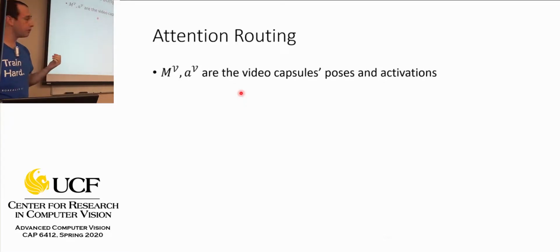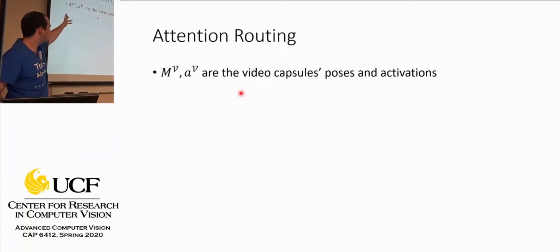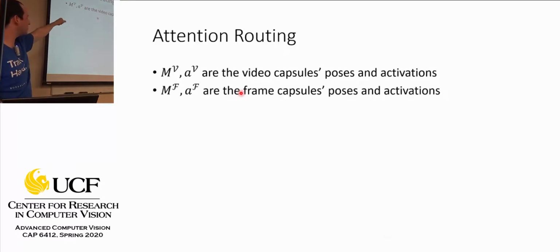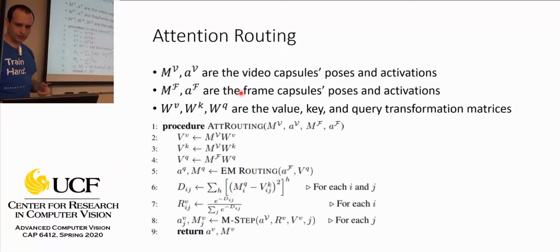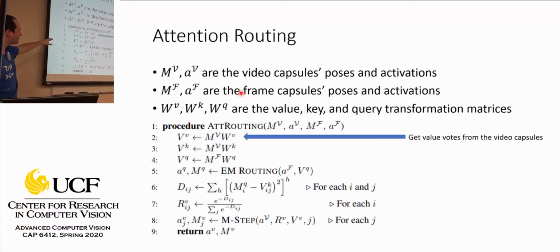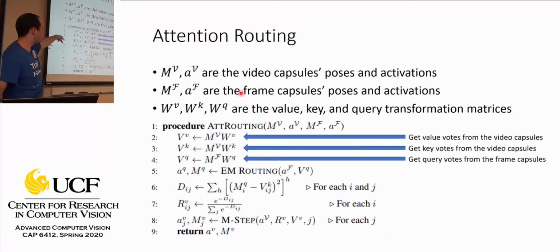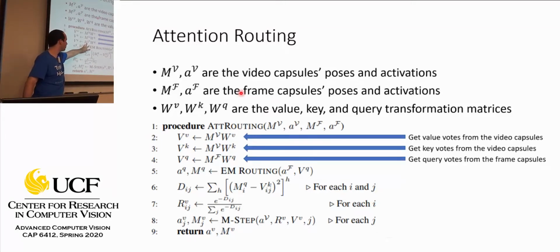So I'll briefly go over the algorithm we use. Our capsules are composed of the matrix M and the activation. So these are the video capsules. We also have the frame capsules, with poses M and activations A, and we have our set of weights, which transform these capsules into the votes. And so this is the algorithm that's in the paper. First we generate the votes by doing a simple matrix multiplication between the poses and the weights.